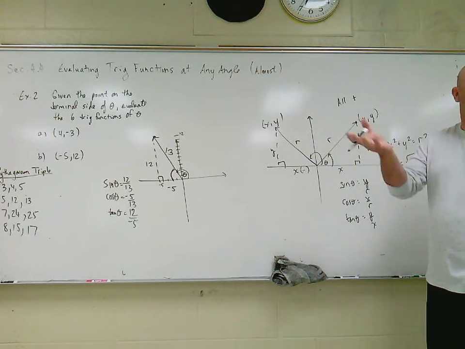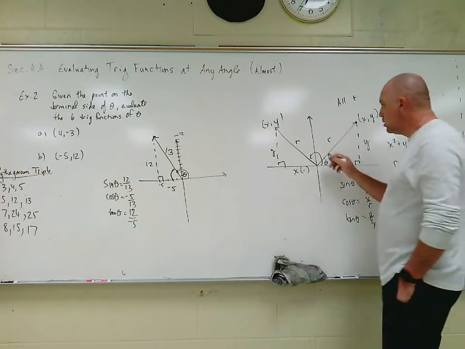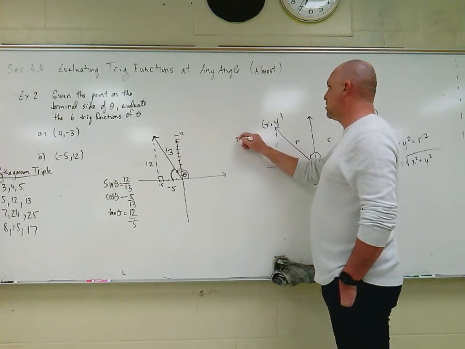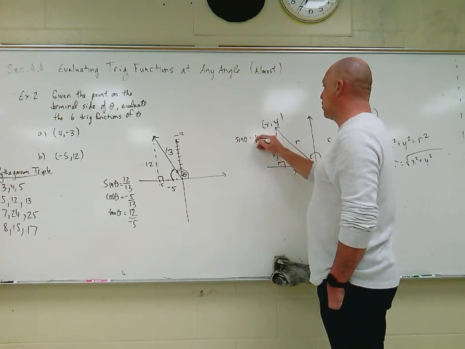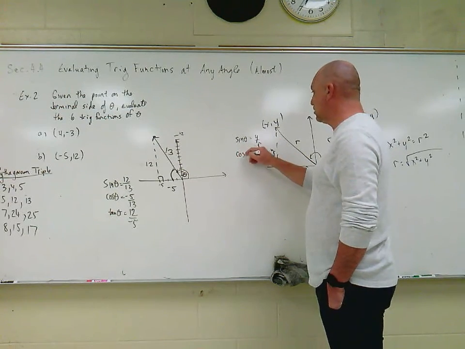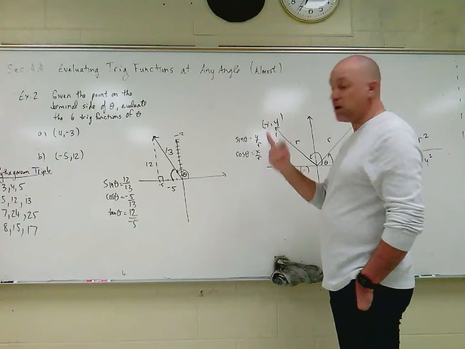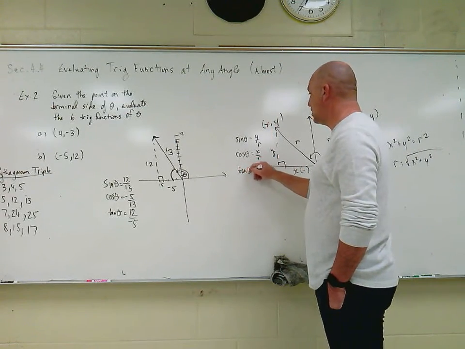You still use x for it. So now if I wanted to find here in the second quadrant, sine of theta is still y over r. Cosine of theta is still x over r, but knowing that x will be a negative value, and tangent of theta is y over x.